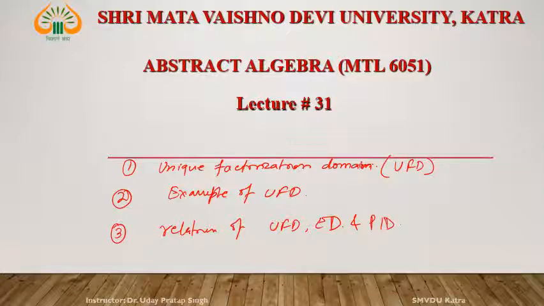We already showed you that ED implies PID implies UFD, and negation of UFD implies negation of PID implies negation of ED. So first let us see what is the unique factorization domain.